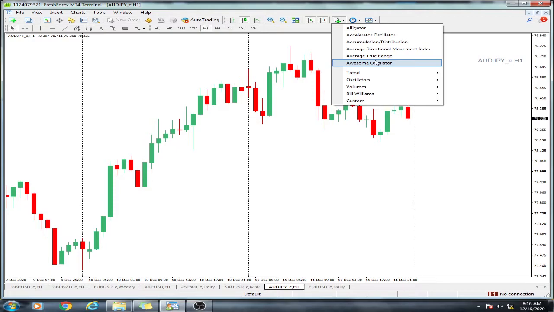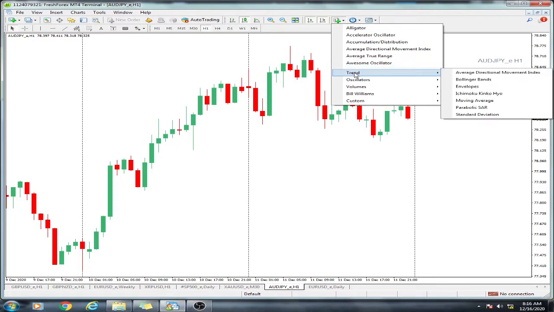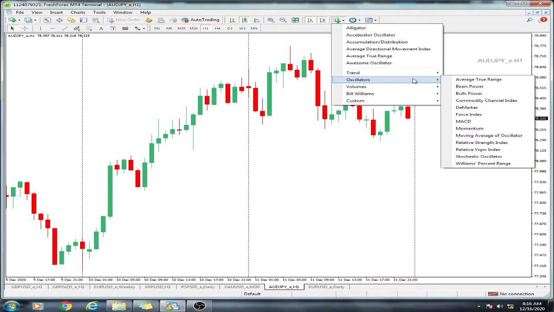And then there's another set of indicators which are those which come by default. They include average directional movement index, Bollinger Bands, envelopes, moving averages, parabolic, and then the standard deviation. We also have the oscillators.